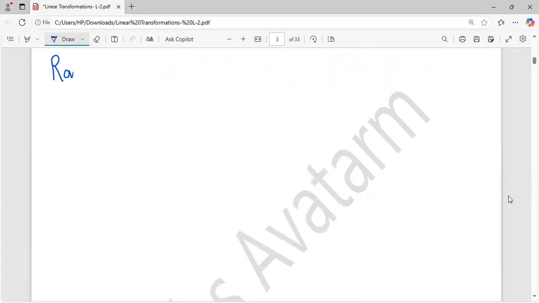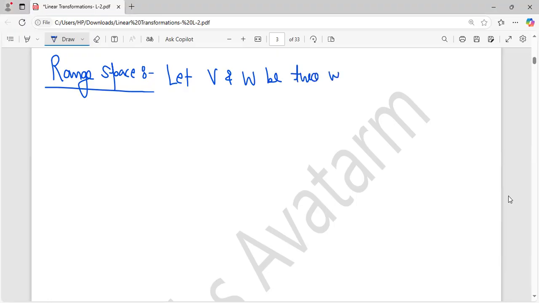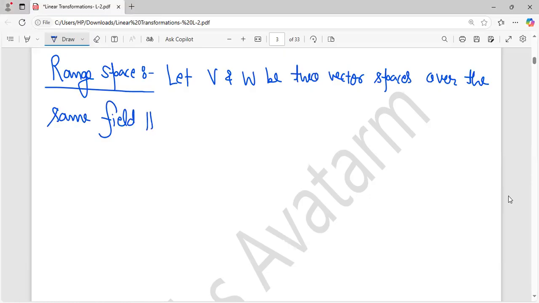Now range space. Let V and W be two vector spaces over the same field F, and let T: V to W be a linear transformation.